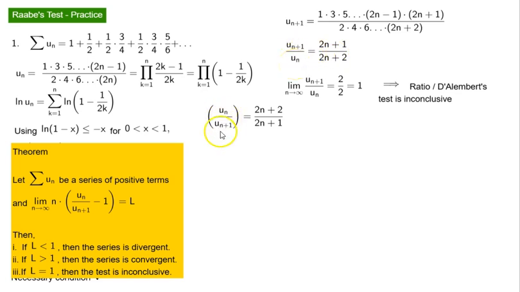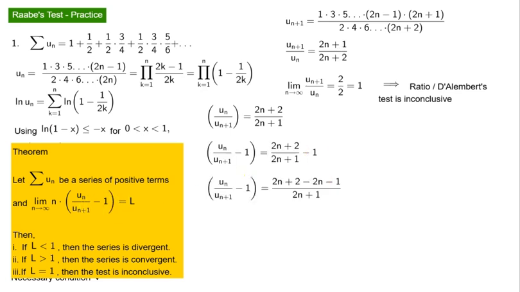We get u sub n by u sub n plus 1 is equal to 2n plus 2 divided by 2n plus 1. Then we subtract 1. So minus 1. Now simplify. And then we multiply both sides by n. When we simplify this, we get 2 minus 1, 1. Then we multiply n. So we get n by 2n plus 1.